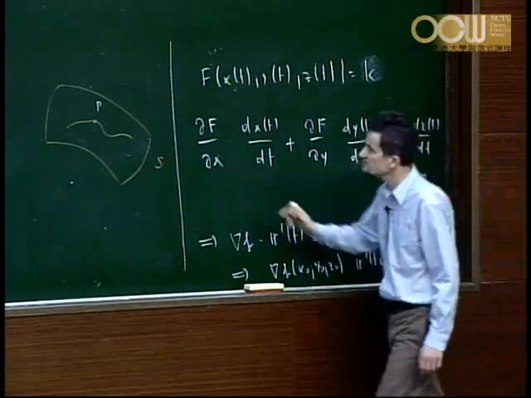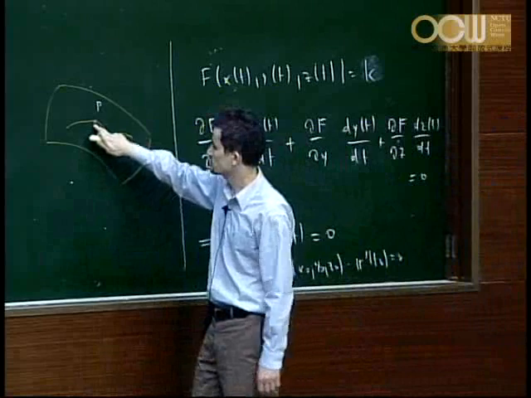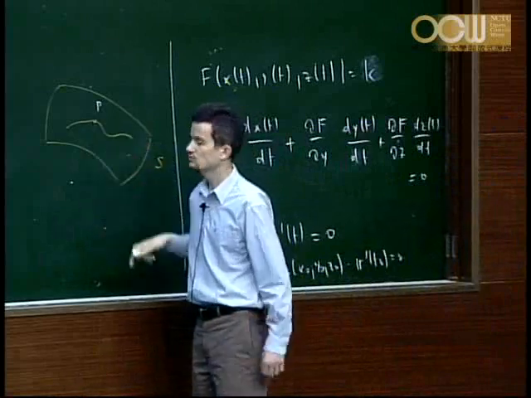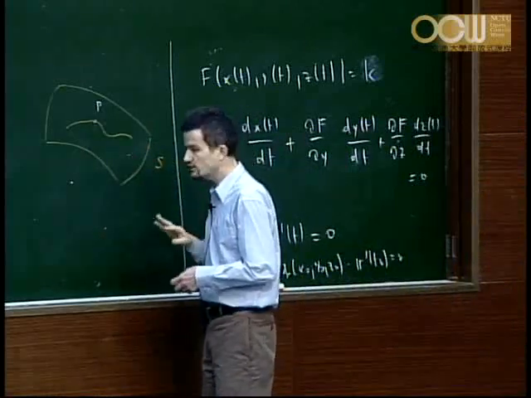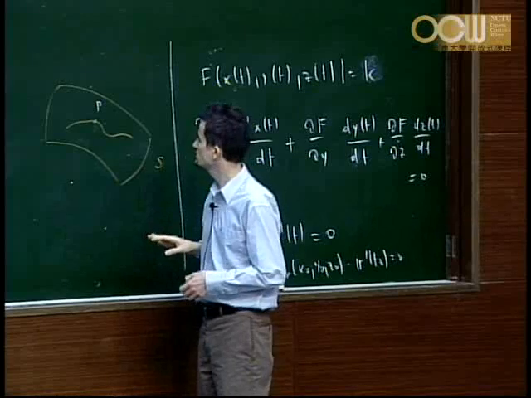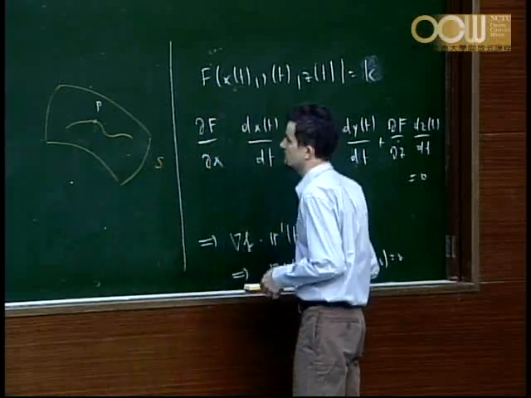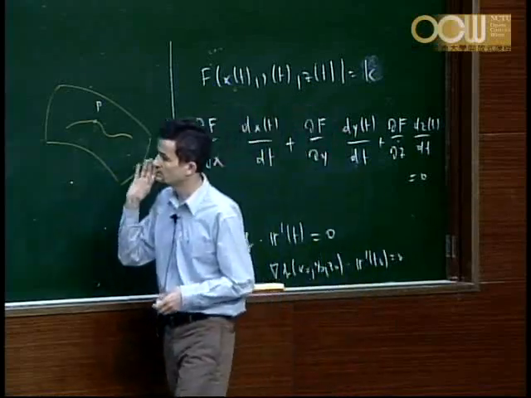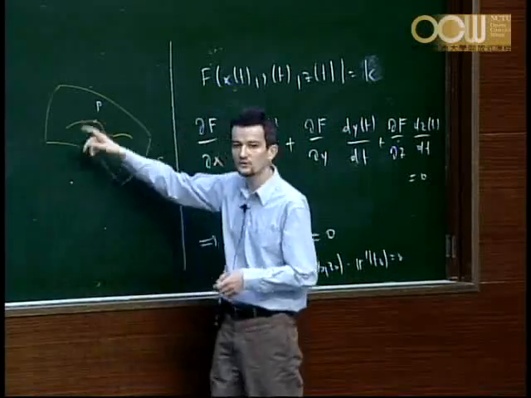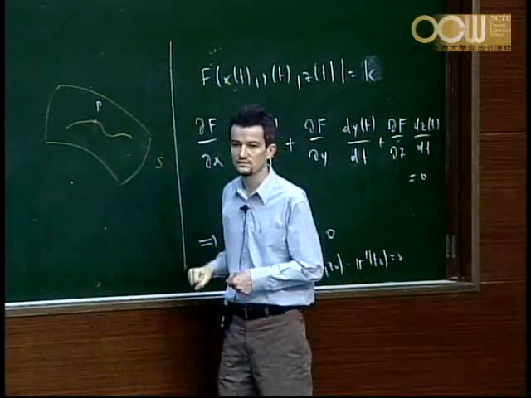But this means that at this point the gradient is perpendicular to all the tangents, which you obtain as the tangents to space curves which are on the surface passing through the point P.